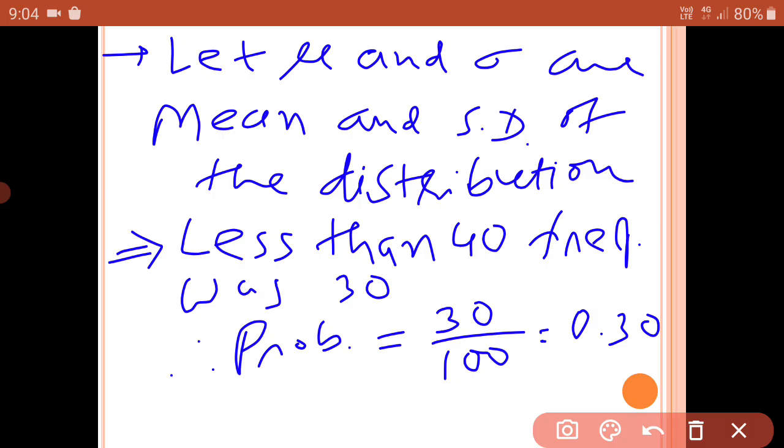First line, less than 40, frequency was 30, so probability is 30 upon 100, 0.30. Then after we draw a diagram.